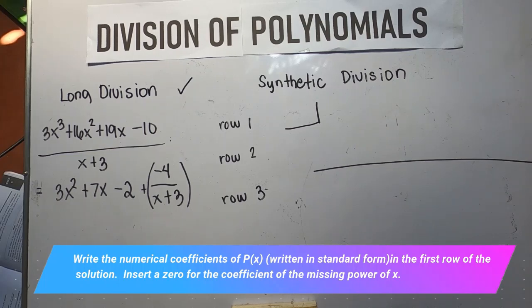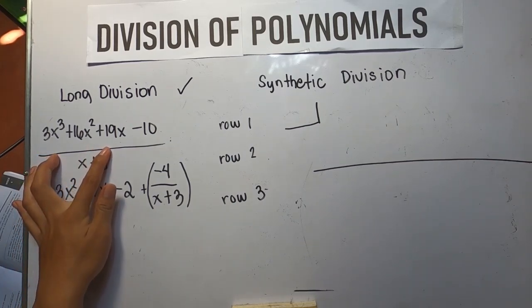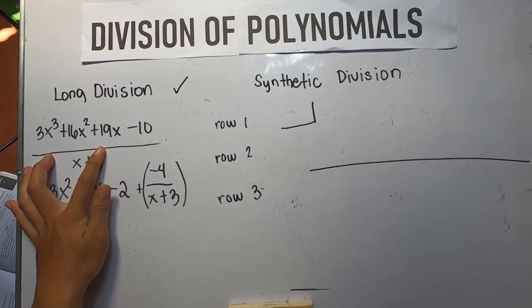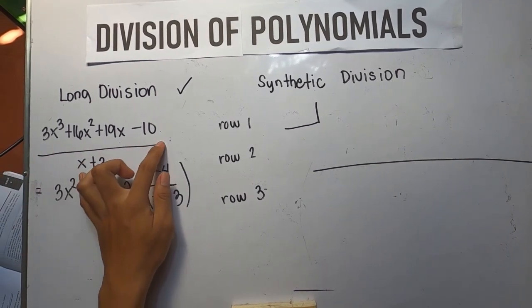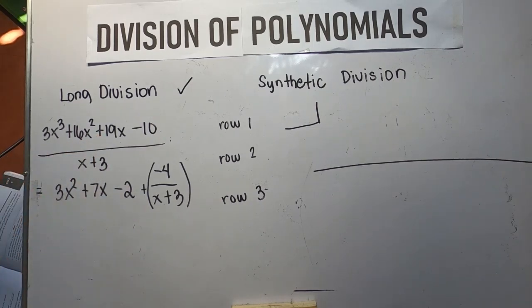Insert a 0 for the coefficient of the missing power of x. As you notice, the dividend is already written in standard form. Furthermore, we have no missing power of x in the given dividend.